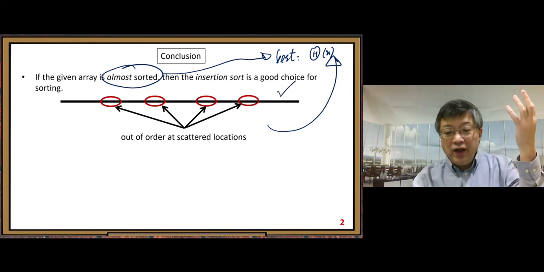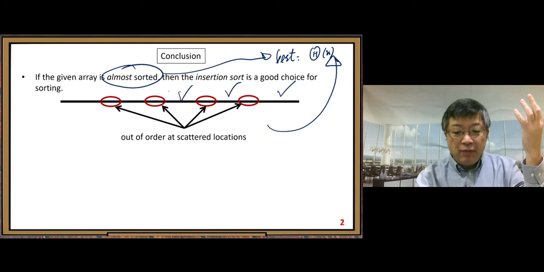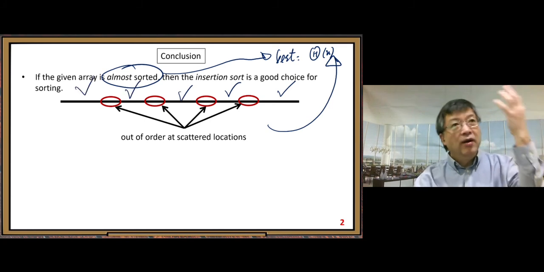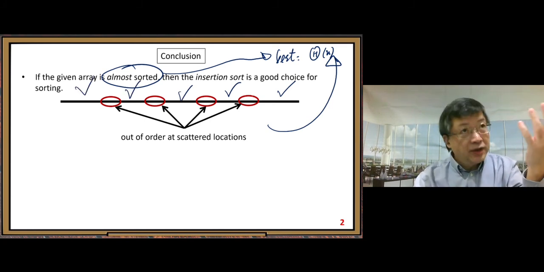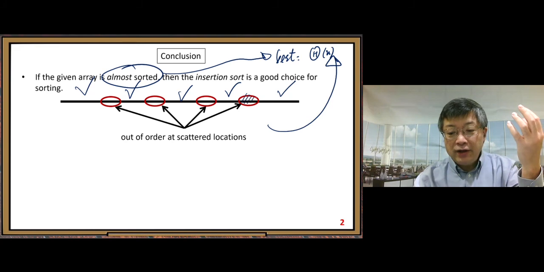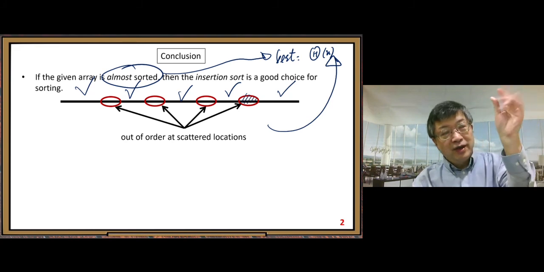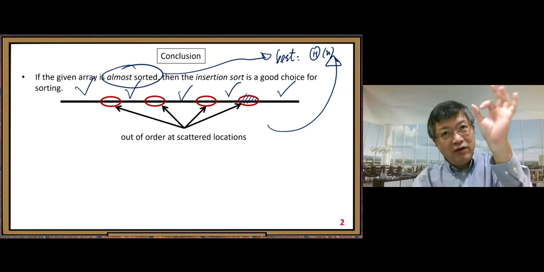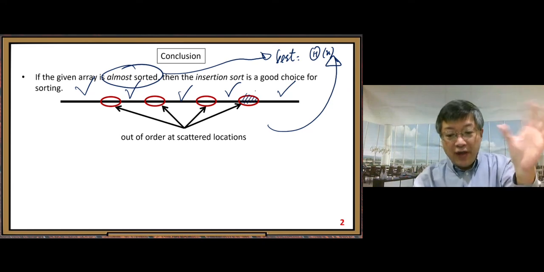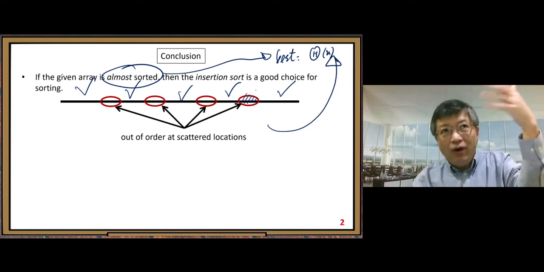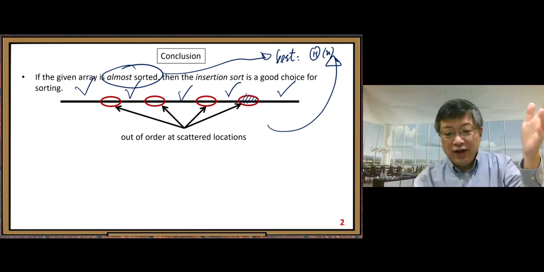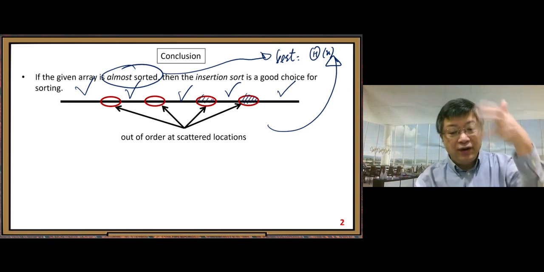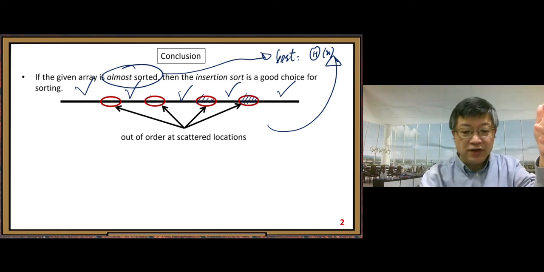We can enjoy the best case at the places already sorted. Only when we hit the bump, an out of order cluster, do we need to do a little more comparison and shifting operations.